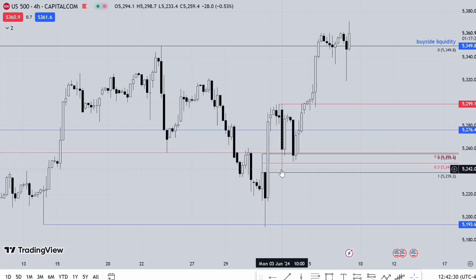So we had this wick down into this bullish order block, and the consequent encroachment of this wick of this bullish breaker block. So we had that here. The candles were telling the story. So we had that here, then price traded back higher and reached buy side liquidity.